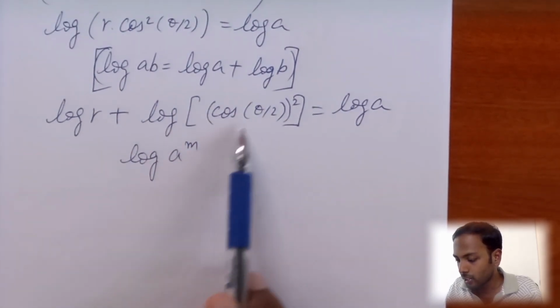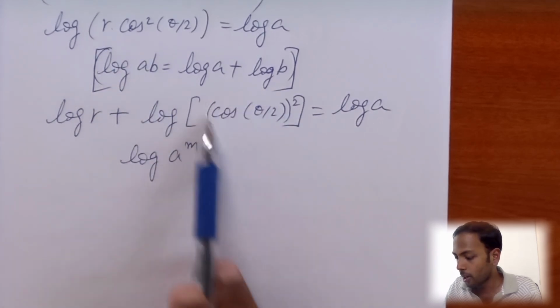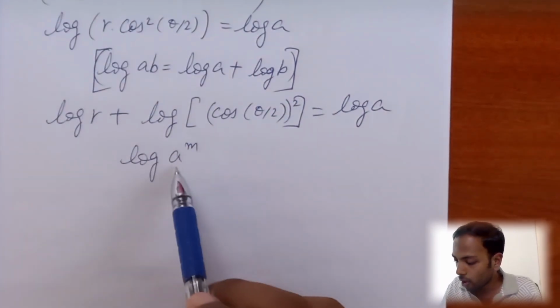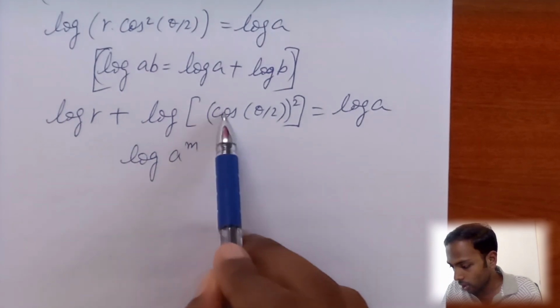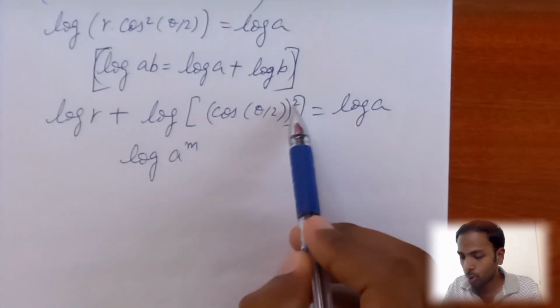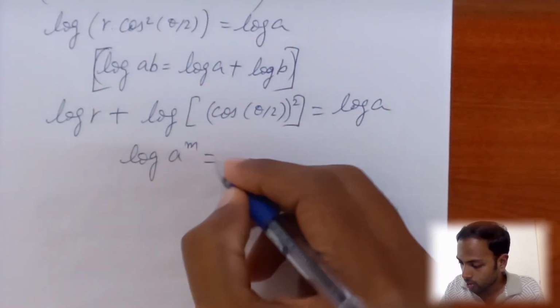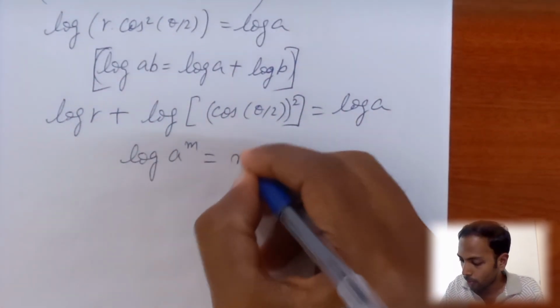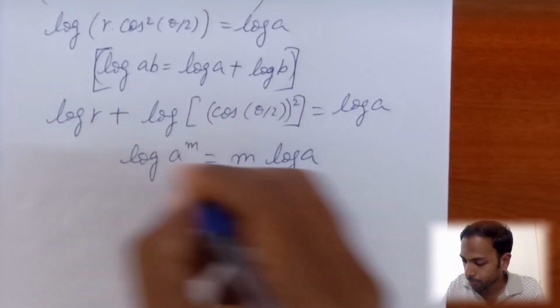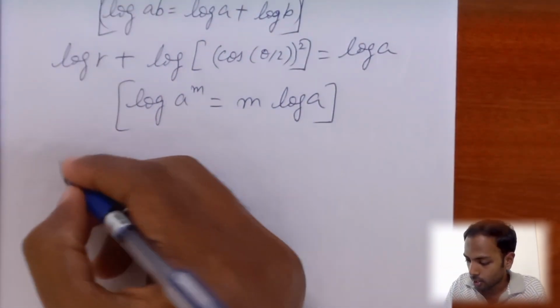To show you that this matches the formula, I had to change the form and write it like this. The formula is log a power m equals m into log a. So let's apply it here.